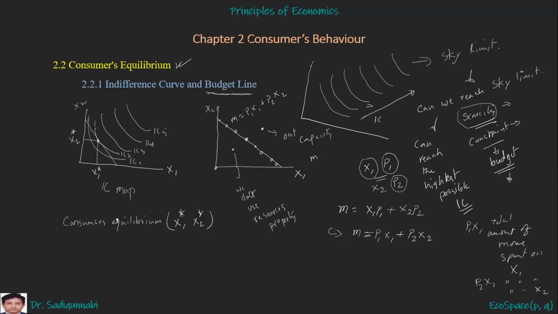So what is the main idea of the consumer's equilibrium? The main idea is when the IC is tangential to the budget line. This budget line is called BL, and this is the IC. So when the IC is tangential to the budget line, we get the consumer's equilibrium.